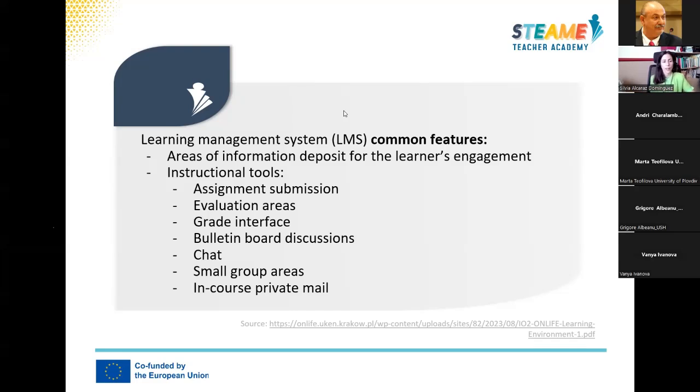Then we have evaluation areas. These are very interesting because we can evaluate students' work, students' submissions, but we can also set up peer evaluation activities where students are assigned other students' assignments to check to what extent they achieve the learning goals.